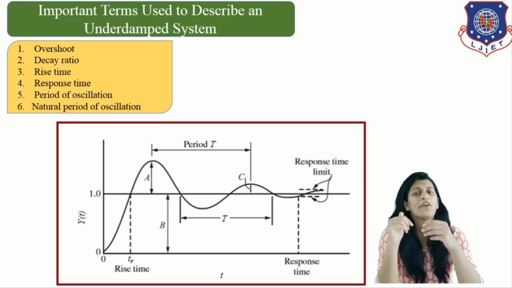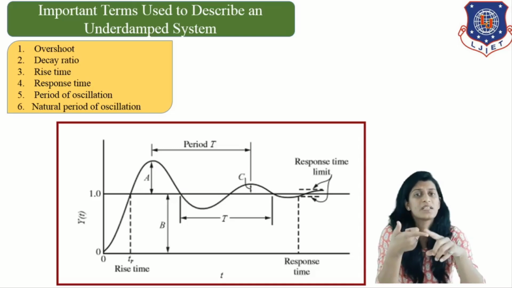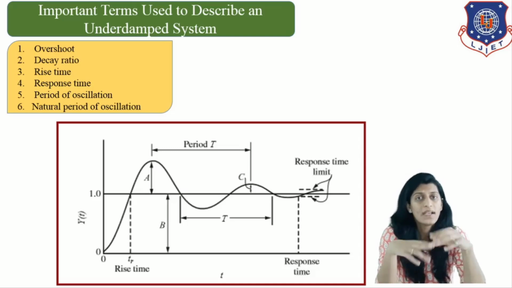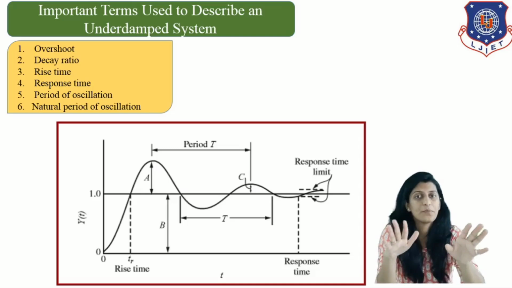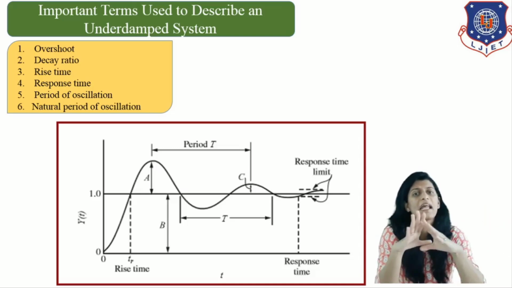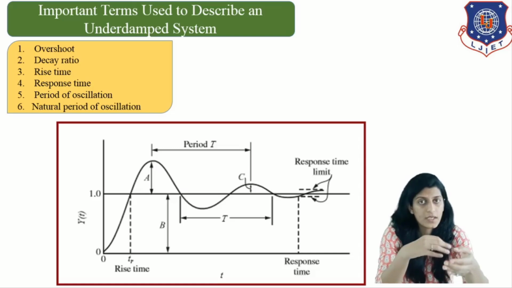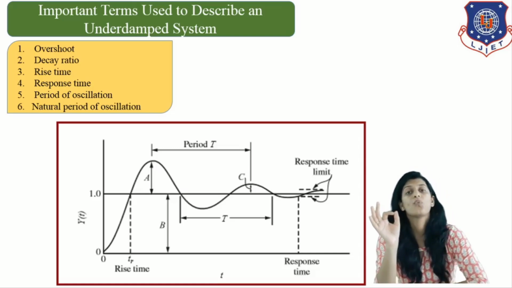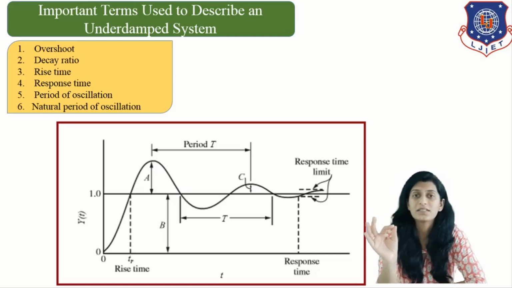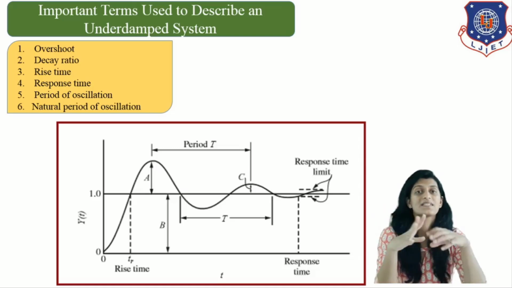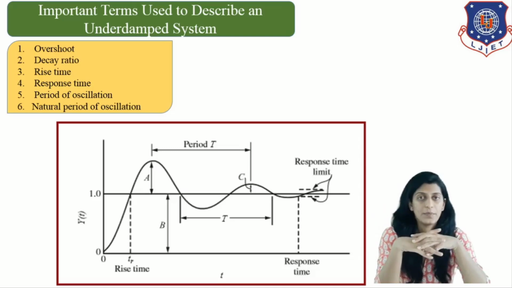Now, if my system is critically damped or over damped, that means it is stable and I need not worry about it. The only thing where I need to put my concern is when my system is under damped, right.